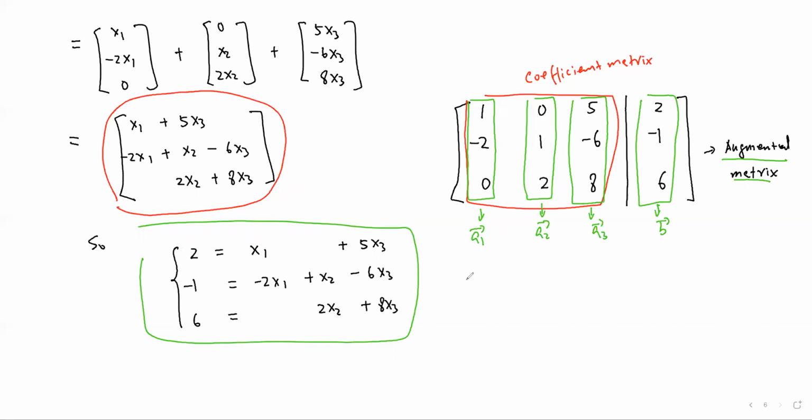Now perform row operations. Let me skip the detail. Let me use this notation. This notation means perform a sequence of row operations. Then I can transform the augmented matrix into echelon form: 1, 0, 5, 2, 0, 1, 4, 3, 0, 0, 0, 0.